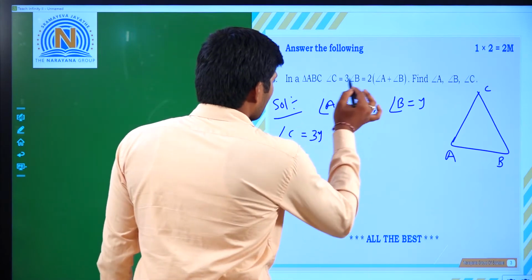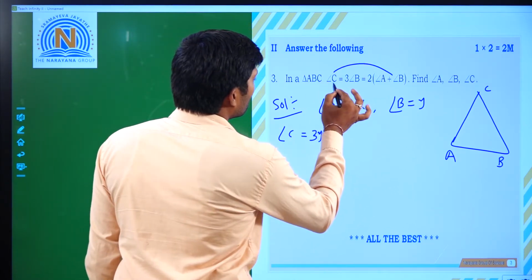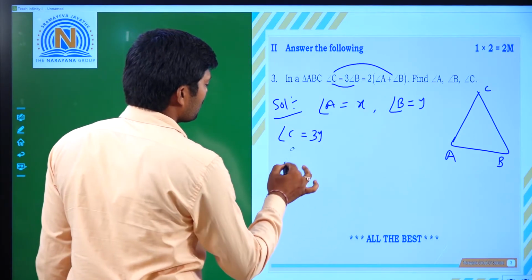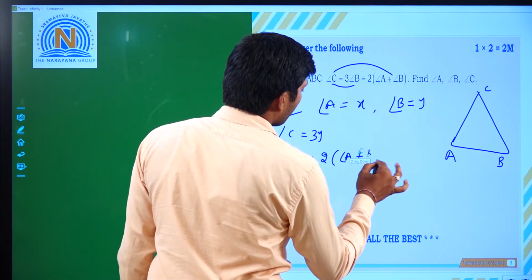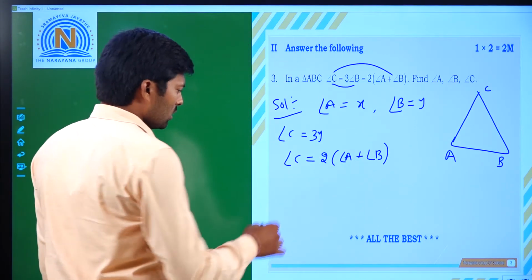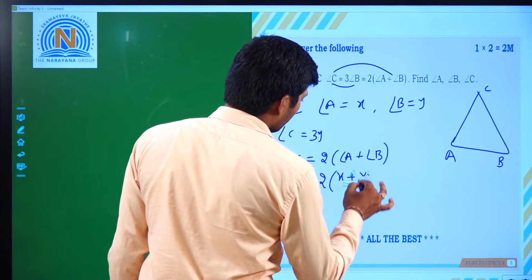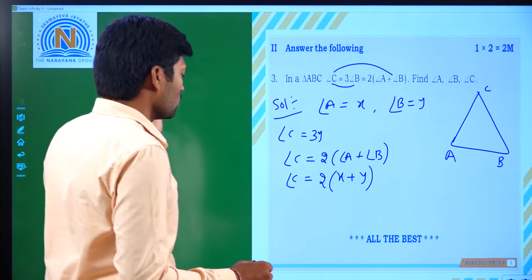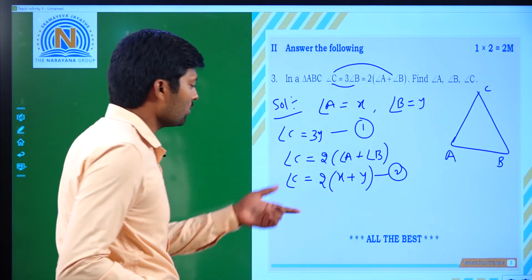Next, substitute x and y in the next relation. So this is the first relation, this is the next relation. That is, angle C is equal to 2 times angle A plus angle B. So angle C is equal to 2 into x plus y. So this is equation number 1 and 2. Just equate these two.